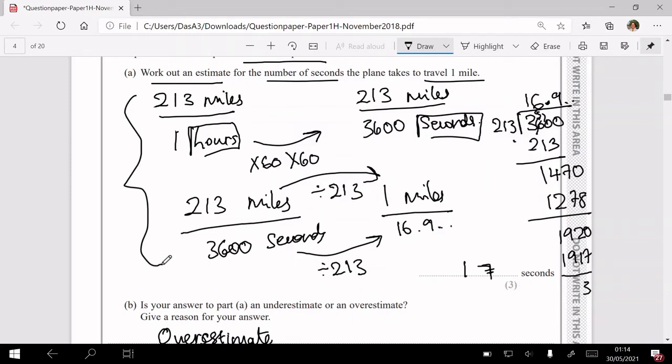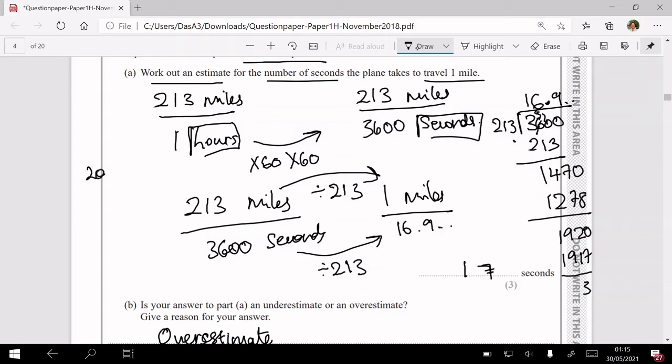So probably give you a very accurate answer. But if you were to round this, what you can do is you can round it to, let's say, 200. So let me provide a quick example on the side. So you can round the 213 to 200.